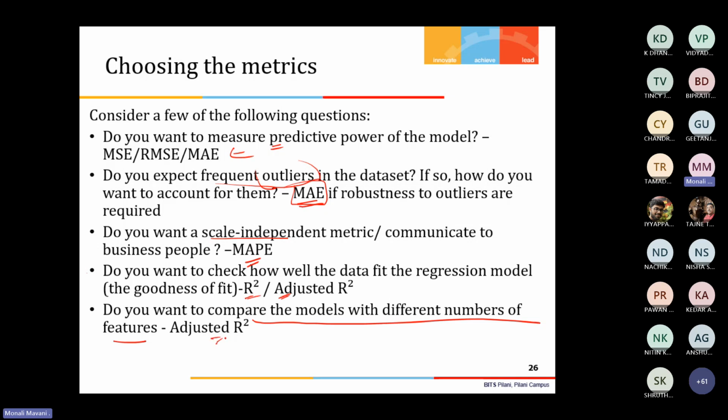And then check for model comparison: 5 features, 7 features, 9 features. So you've got 3 models. Compare them, whether increasing from 5 to 7 or 7 to 9 features is actually helping.